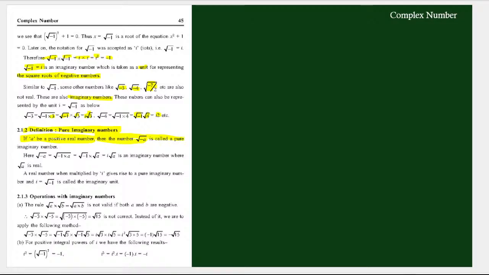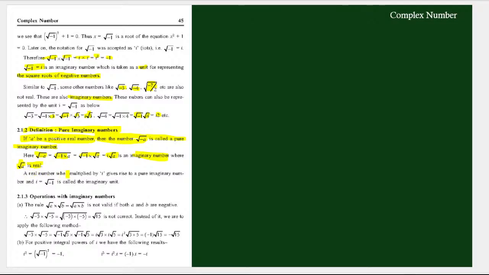You copy it in your notebook. So root over minus a is nothing but root over minus 1 into a, which is nothing but root over minus 1 into root a. This is i root a. This is your imaginary number, and this root a is real. Clear?